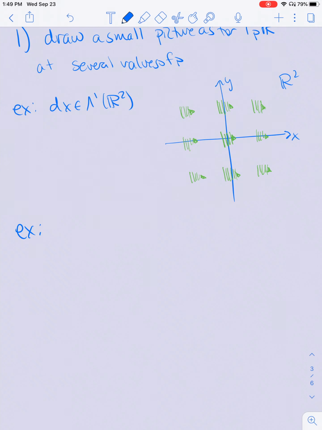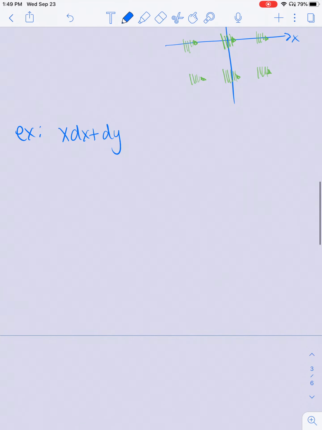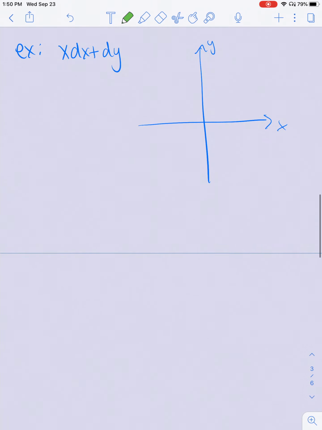Another maybe more interesting example is the one form x dx plus dy. If I draw it on R2, if I assume x is 0, then I'm just thinking about the one form dy. So I can draw a bunch of little indicators of the one form at different points along the y-axis.